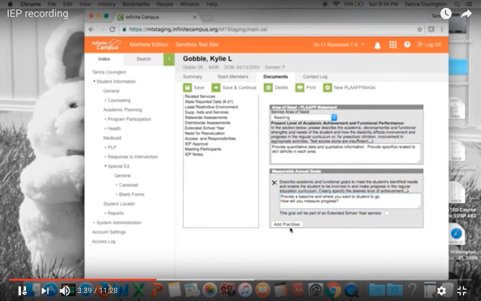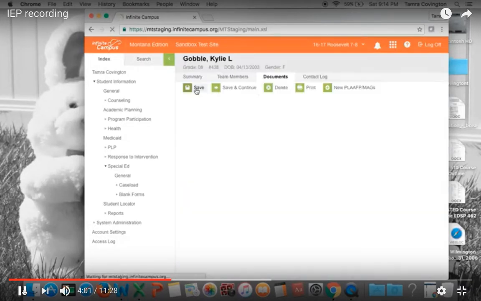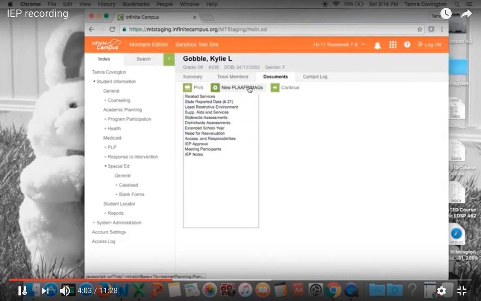Sometimes you can just write one measurable annual goal. Sometimes you need more. So that's how you would add an additional goal. You wouldn't need a new PLAF, you would just need another goal. So if you identify a couple of issues in reading, that's where you would add them.